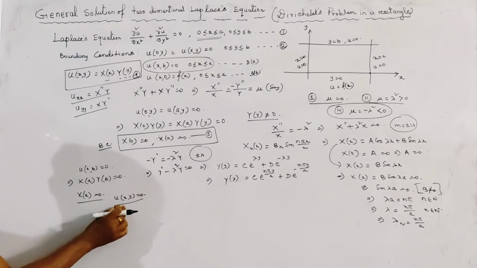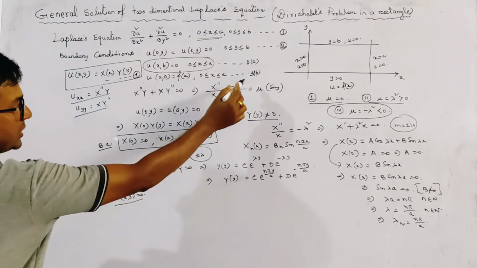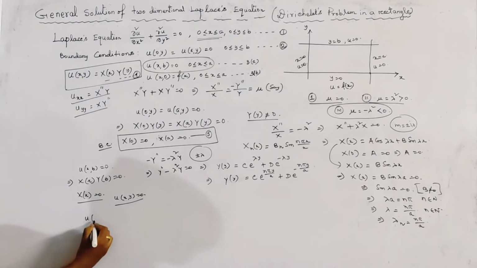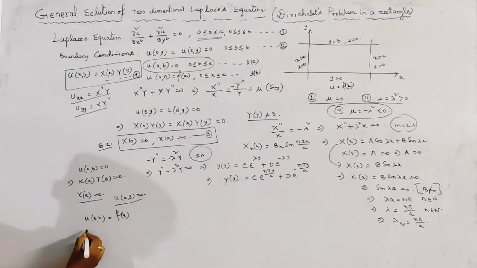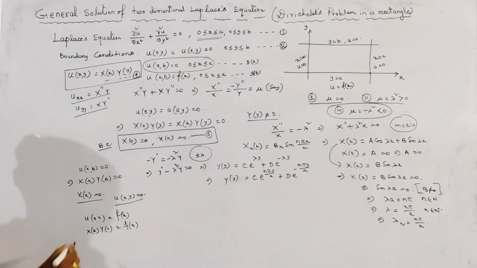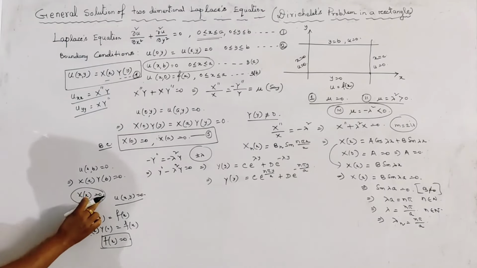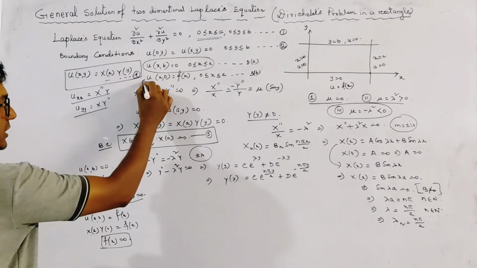Otherwise, from the last boundary condition, u(x, 0) equals f(x), which is given, and this relation can be written as X(x) into Y(0) equal to f(x). If we take X(x) equal to 0, then from this relation we get f(x) equal to 0. So if we take X(x) equal to 0, this condition is not satisfied.